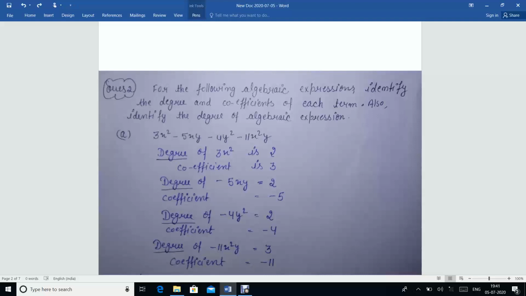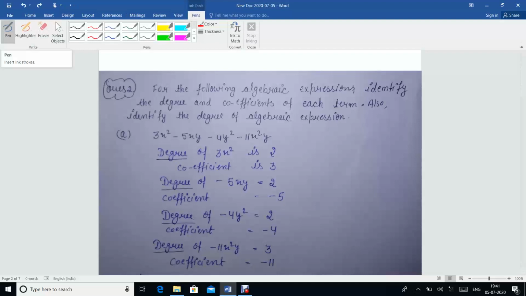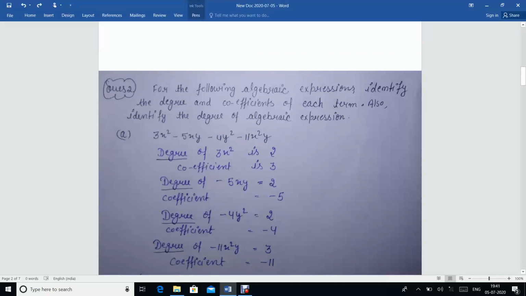See, you have the algebraic expression 3x square minus 5xy minus 4y square minus 11x square y. Here you can see that 3x square is the first term of this algebraic expression. So firstly you have to find out the degree of 3x square.